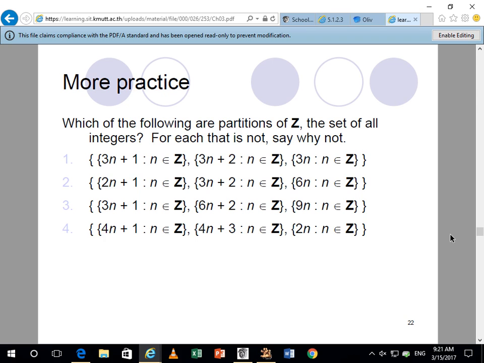We looked at the example of 1 last time, and we said 3n, 3n plus 1, 3n plus 2 forms a partition because it's multiples of 3. Within each multiple of 3, there are 3 possibilities, for example 1, 2, and 3, and then we repeat with 4, 5, 6. So since we have plus 1, plus 2, and also plus 0, that forms a partition.